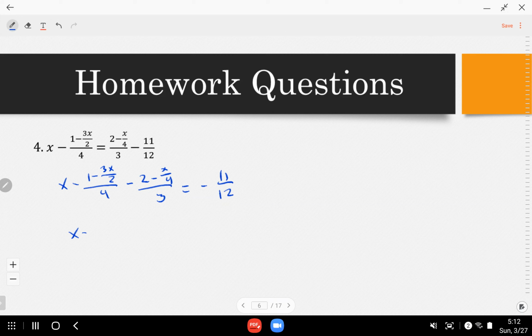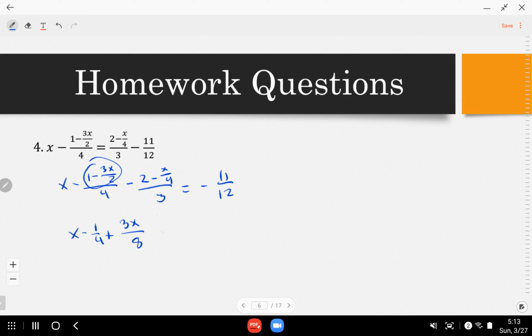Are you combining the fractions or simplifying the fractions? I'm separating those two big fractions. Then it should be like this.